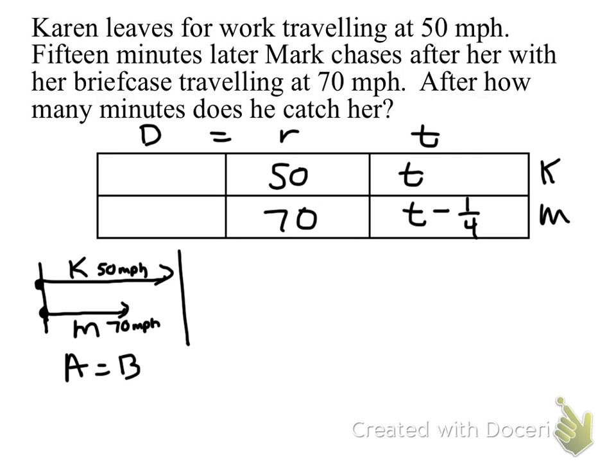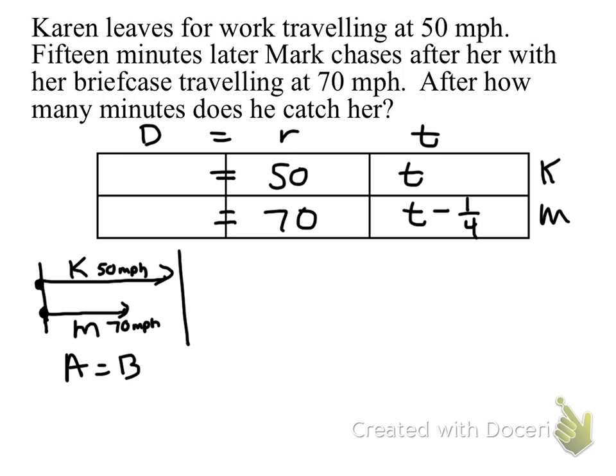Okay, so now, what is the distance? Wait, didn't Mark leave after Karen? Right. So why is it subtract 1/4? Is he in the car as long as Karen? More or less?